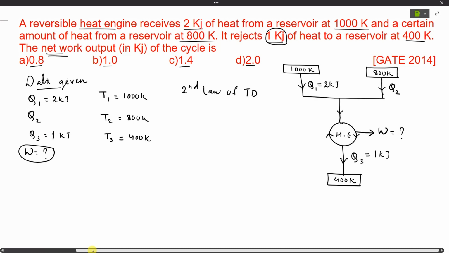Now as this is a case of the second law of thermodynamics, here we are going to use the principle of Clausius inequality.